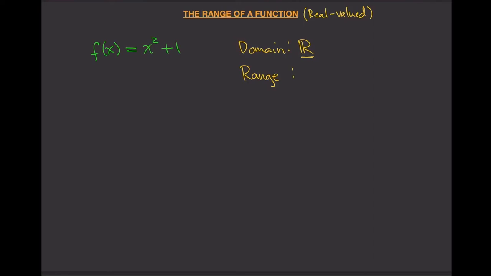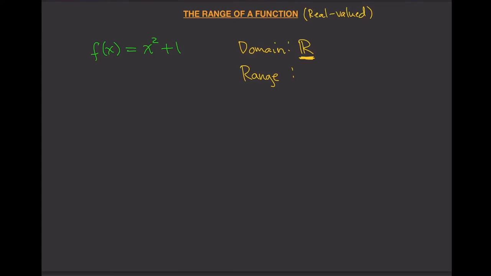So here our domain is R. So meaning that if we plug in all real numbers into our function and we list all those outputs, that will make up our range. But then that's impossible, right? We can't try all the numbers and list down all the outputs. We can't do that. So instead of doing that, we can just make a simple argument.